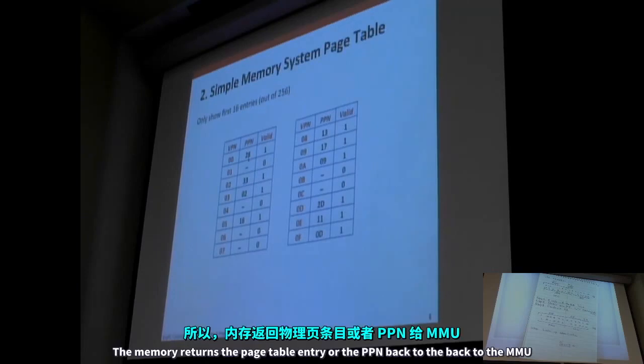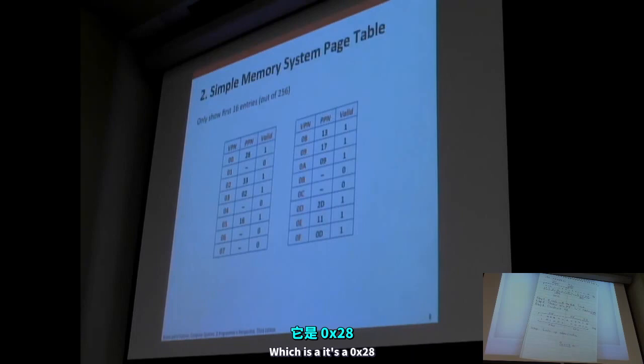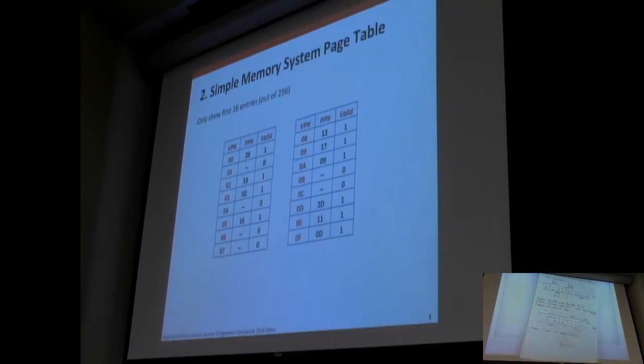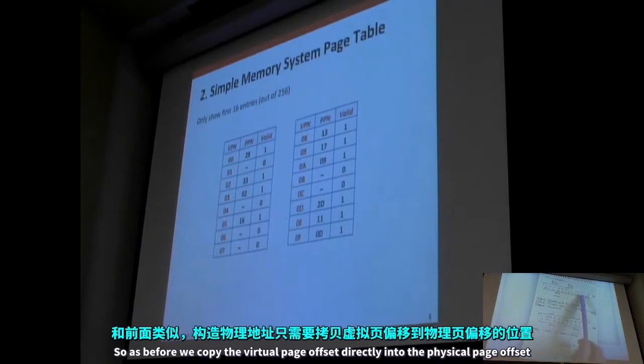So the memory returns the page table entry, or the PPN, back to the MMU, which is 0x28, and now the MMU can use that physical page number to construct the physical address. As before, we copy the virtual page offset directly into the physical page offset.